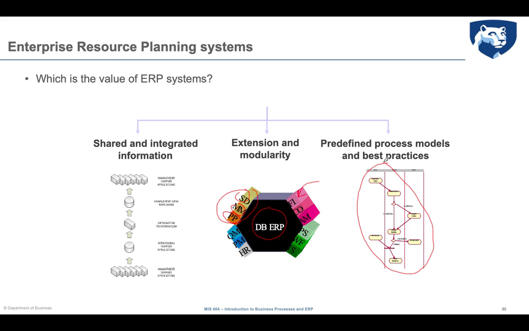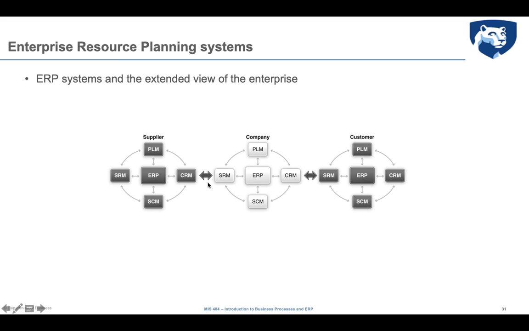As I told you, ERP systems help realize the extended view of the enterprise, because again, each ERP system in a company is integrated with the customer relationship management of the company, which puts the company in contact with its customer, and the customer has a supplier relationship management or supply chain management system that puts the company in contact with its supplier.